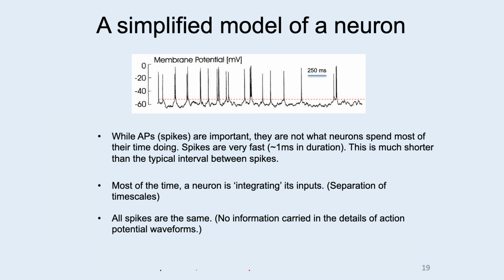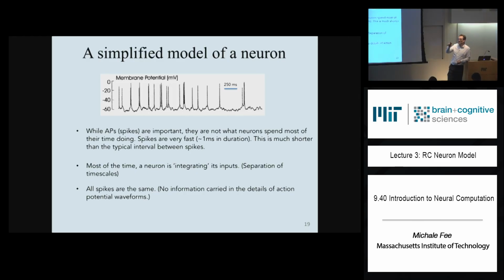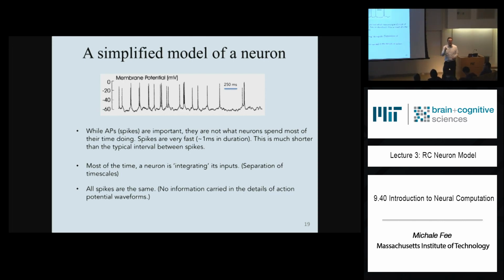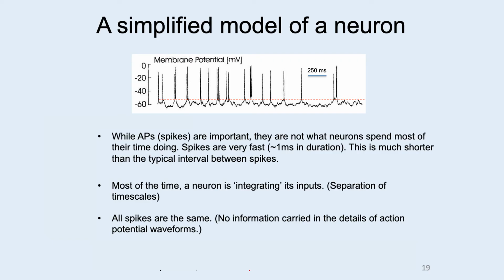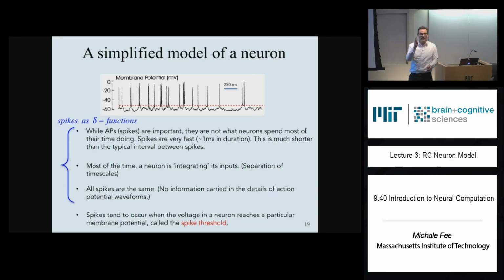The other crucial piece is that for most types of neurons, the spikes are really all the same. The details of the spike waveform don't carry extra information beyond the fact that there's a spike. We're going to treat our spikes as delta functions, just discrete events at a single time.